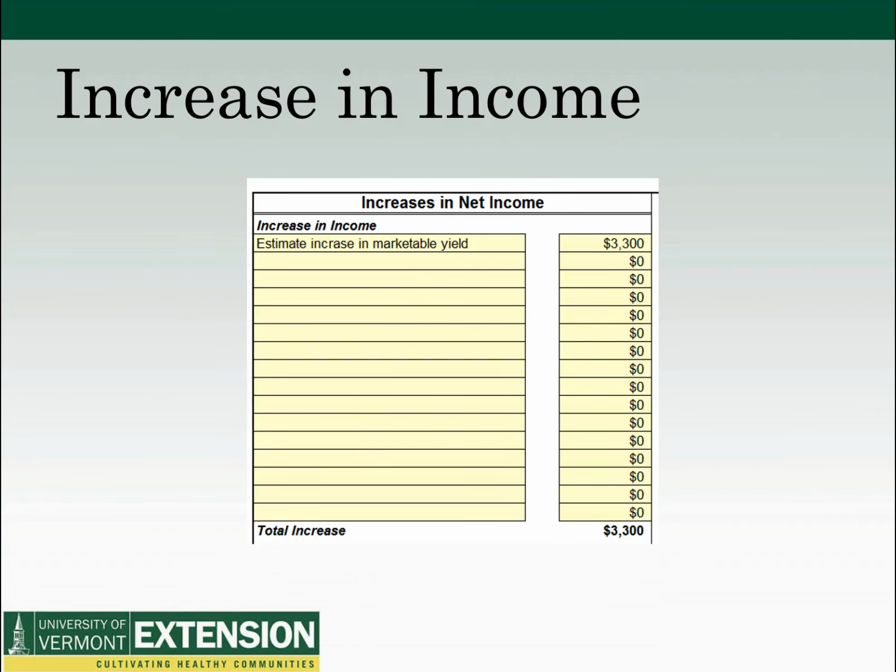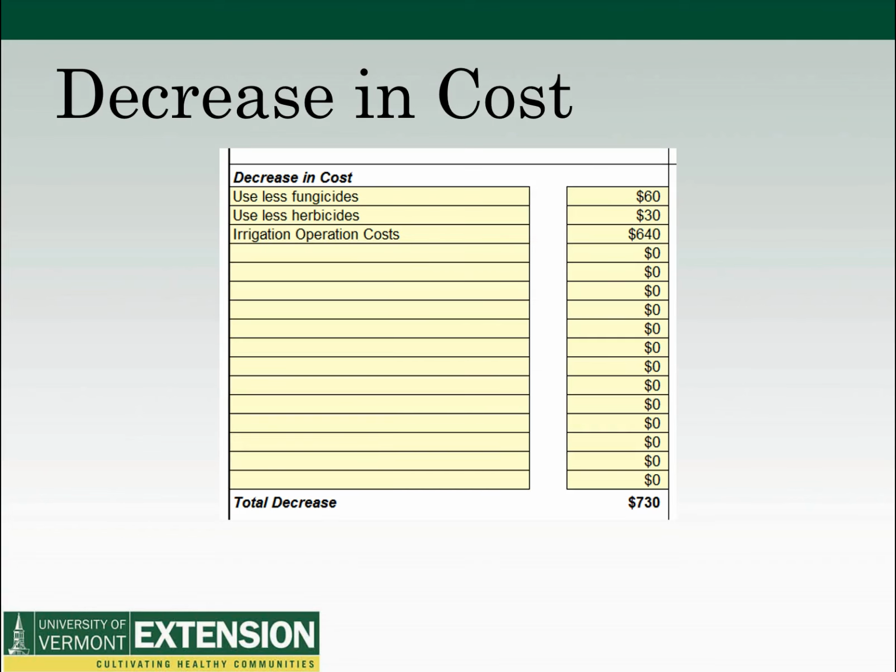So, increases in income: as we said, there was going to be a 15% increase in marketable yield based upon this year's rough average for tomatoes. They're estimating that on average in a given year, they might see roughly around $3,300 in increased income for the farm. There are going to be some decreases in costs.